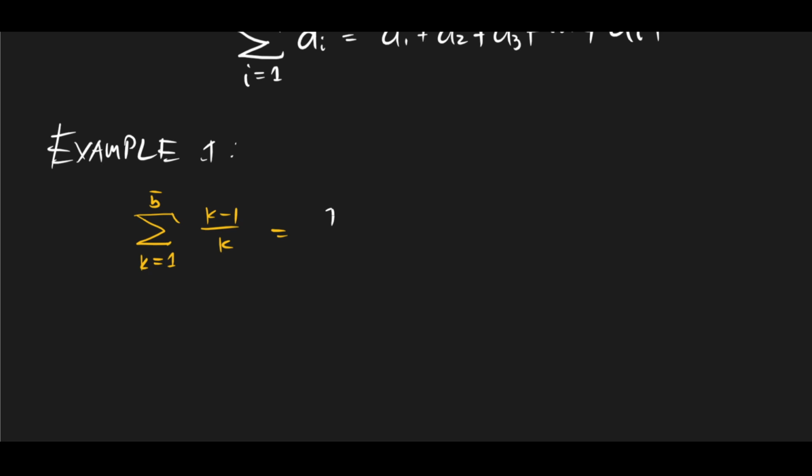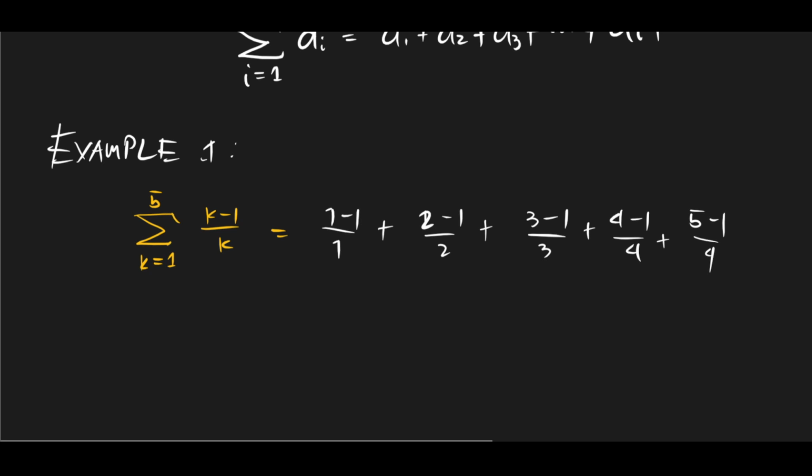We will have (1 minus 1) over 1, plus (2 minus 1) over 2, plus (3 minus 1) over 3, plus (4 minus 1) over 4, and (5 minus 1) over 5.